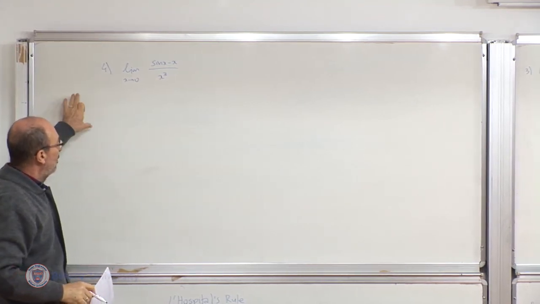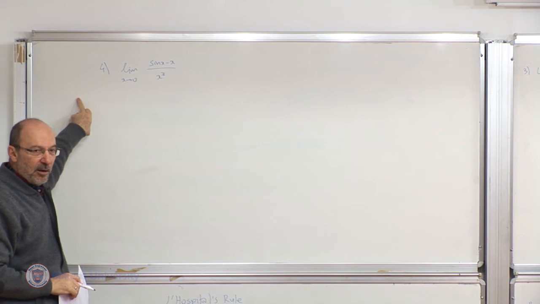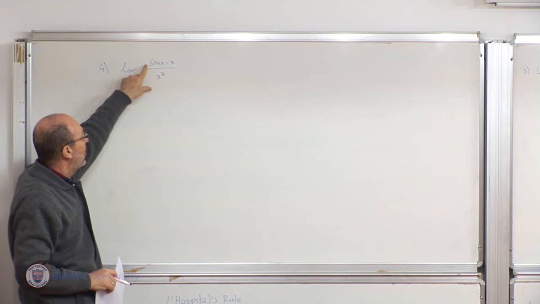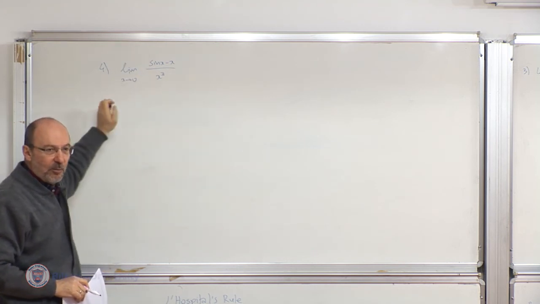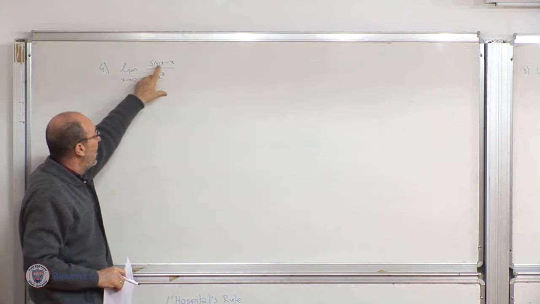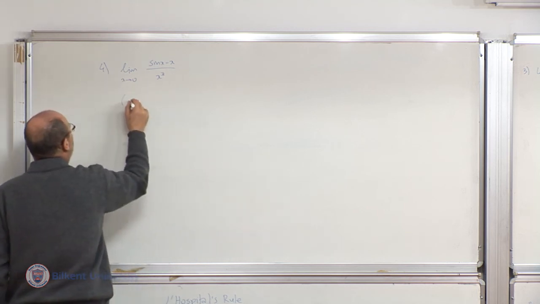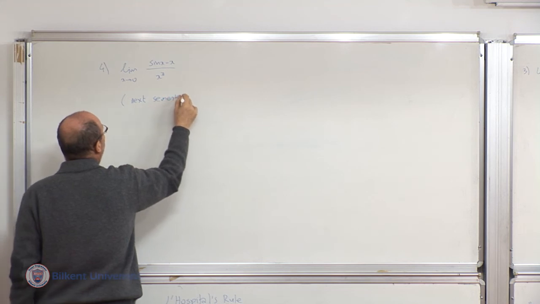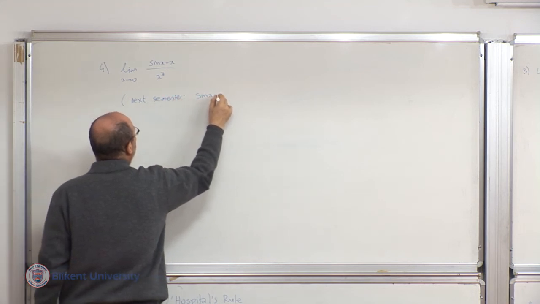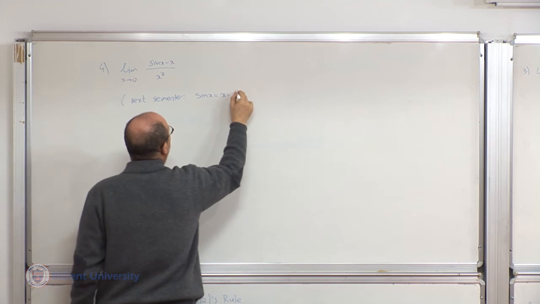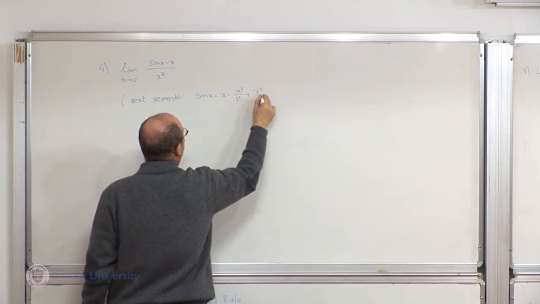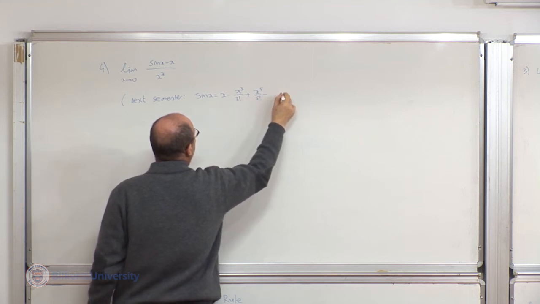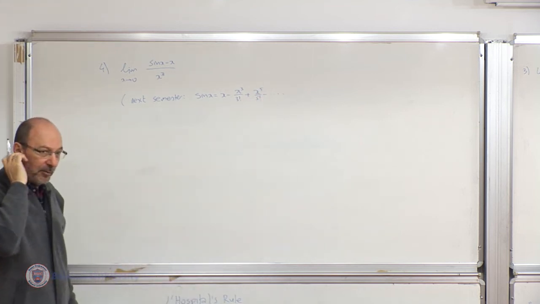Okay, so next semester you'll look at this and immediately say 1 over 3 minus 1 over 3 factorial. Okay, because that's how sine x is written. Next semester, we will know that sine x is equal to x minus x cubed over 3 factorial plus x to the 5 over 5 factorial minus, okay, so you see the pattern.